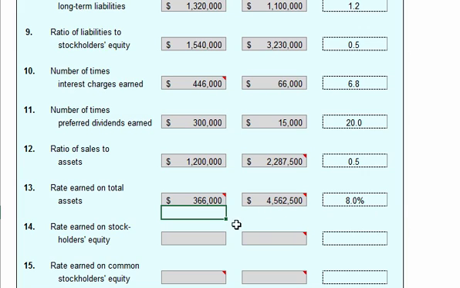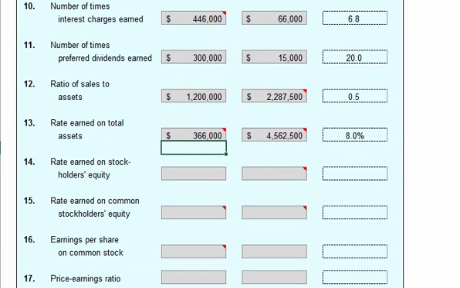All right, rate earned on stockholders' equity. Okay, there your formula is net income in the top, which is $300,000. And then we're going to divide by average total stockholders' equity. All right, total stockholders' equity at the end of 2015 is $2,955,000.